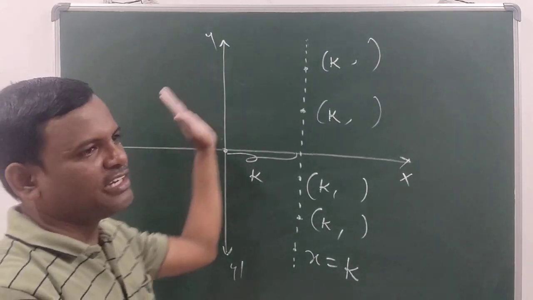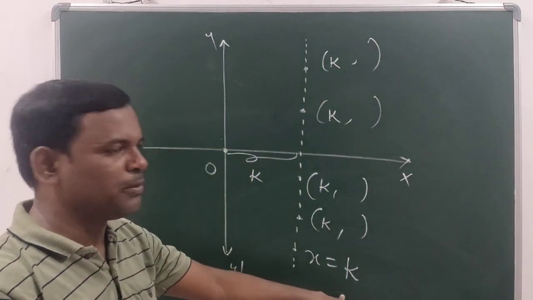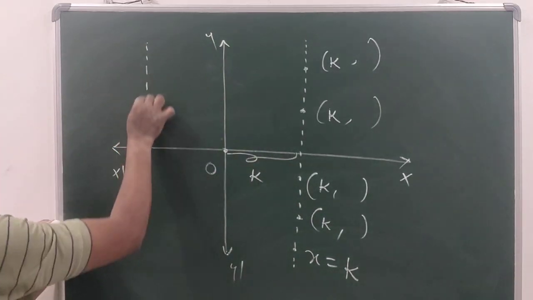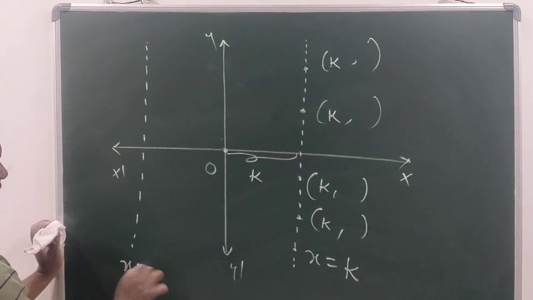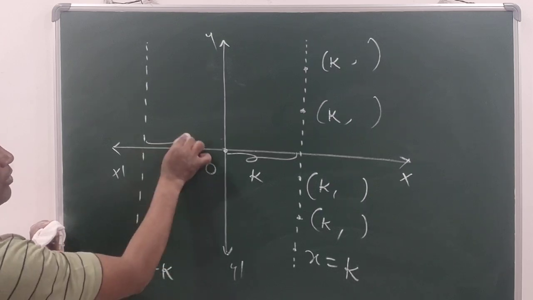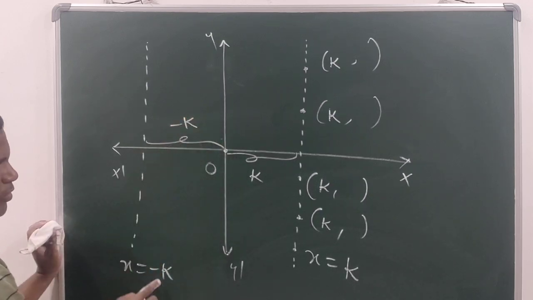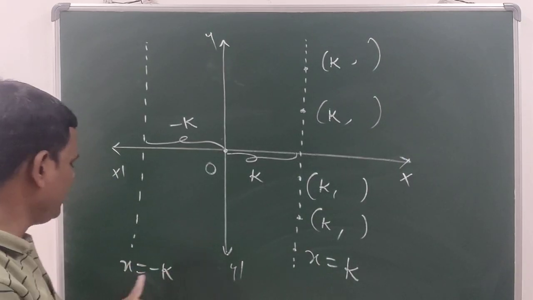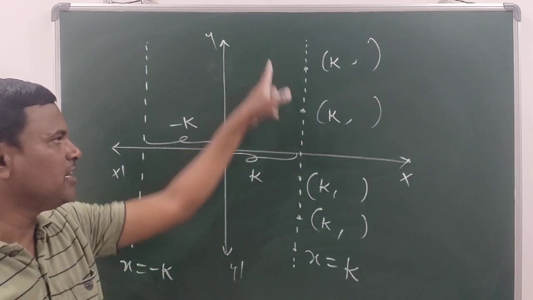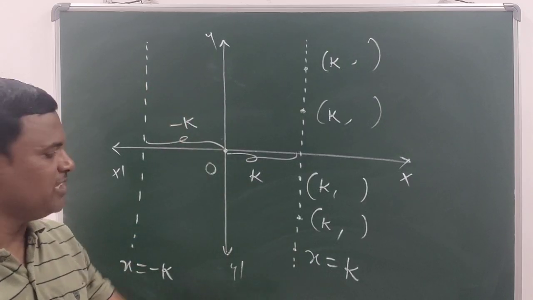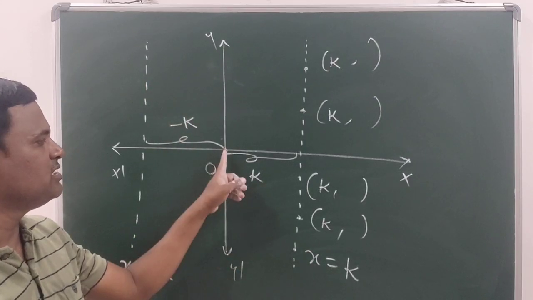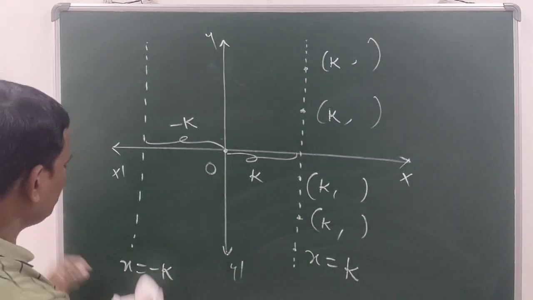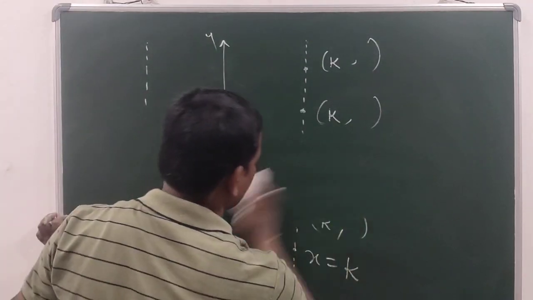If this line is on the right side of the origin, you will get k positive. If this line is on the left side of the origin, you will get x equal to minus k. Okay students, observe this line equation. X equal to k, x equal to minus k represents a vertical line equation, where k represents the distance from the origin to that vertical line. Okay. Similarly, the horizontal line equation.